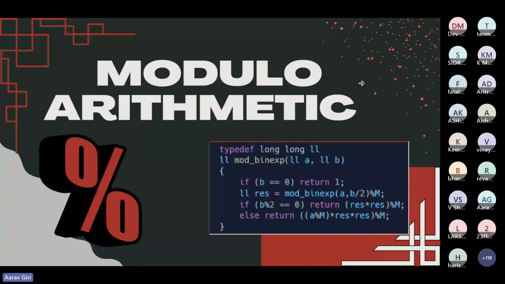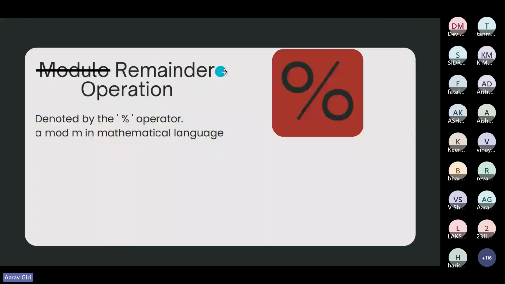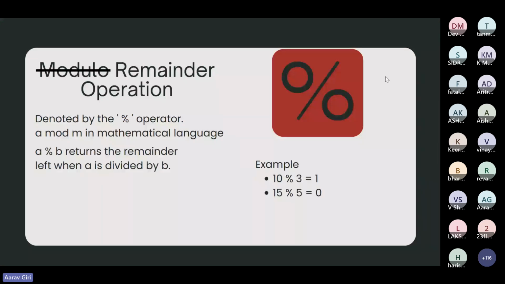All right. Let's go. So this modulo operator is basically going to give you the remainder. You might have already used this, but let's see it one more time. A % B is basically the remainder when A is divided by B. It is very easy to see through these examples.